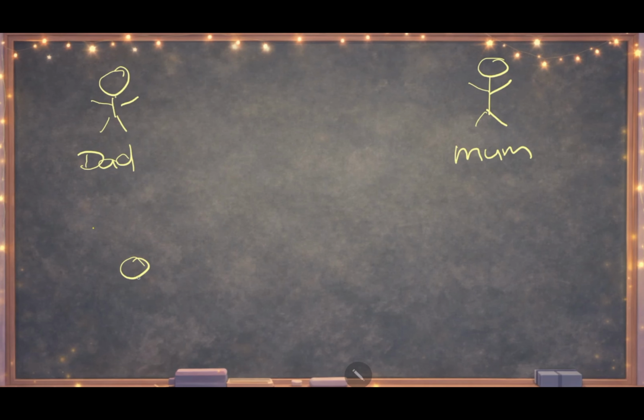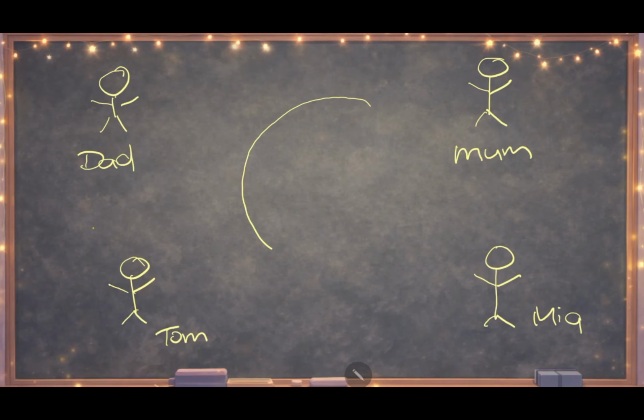Let's take another scenario. This time we have 4 people. This is Dad, this is Mom, this is Tom, and this is Mia. They are a family. For dinner one night, they ordered a pizza, and they agreed to share the pizza equally between them.